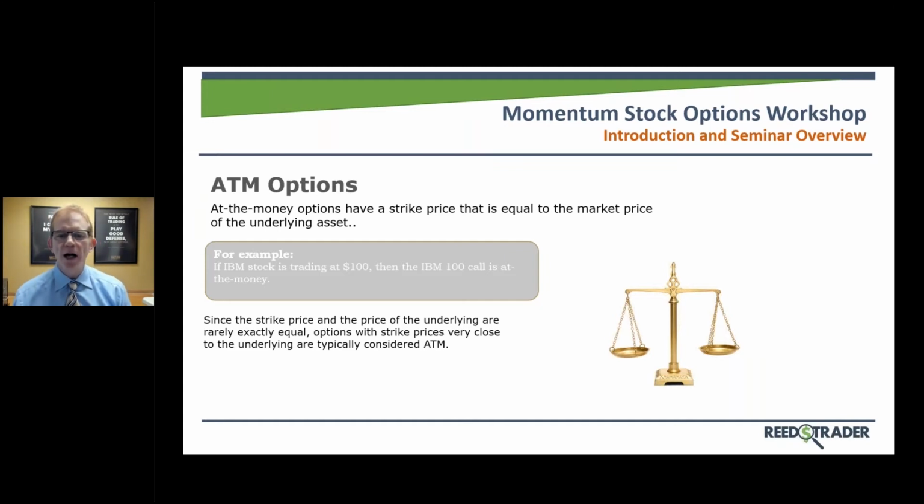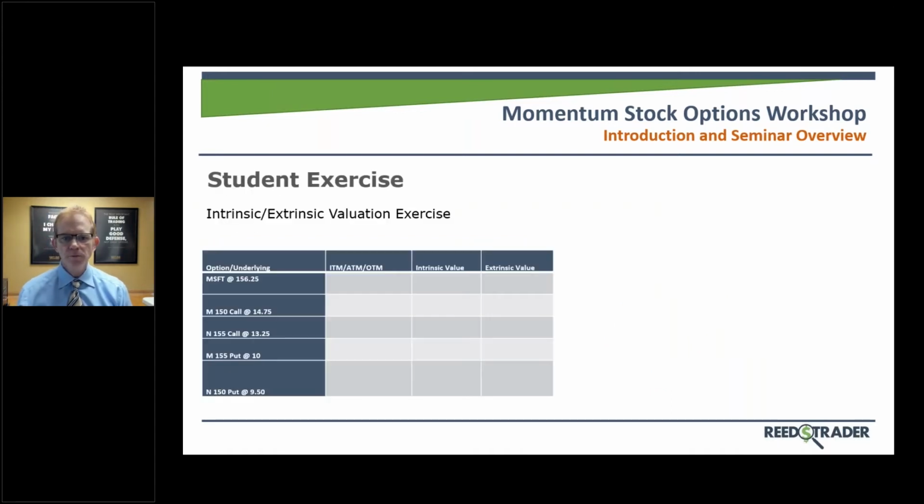If IBM stock was trading at $99.80, then the 100 call would be at the money. Otherwise, it's literally just one single price. People view it as the strike that's closest being at the money. Since the strike price and the price of the underlying are rarely exactly equal, options with strike prices very close to the underlying are typically considered at the money.